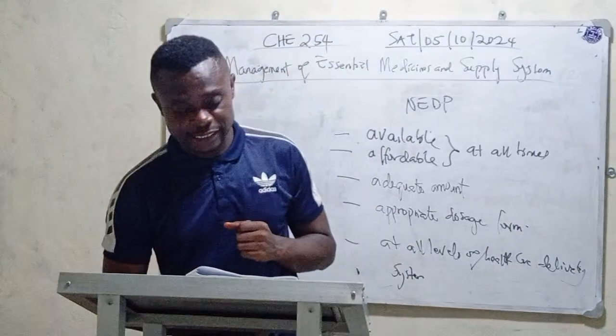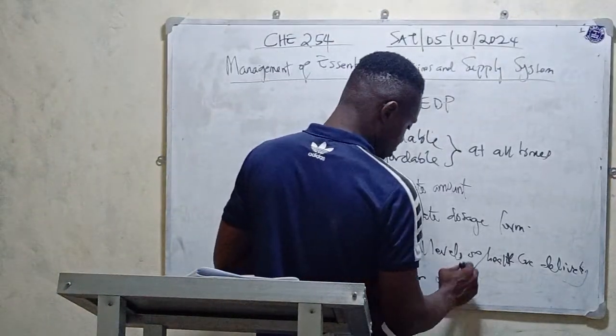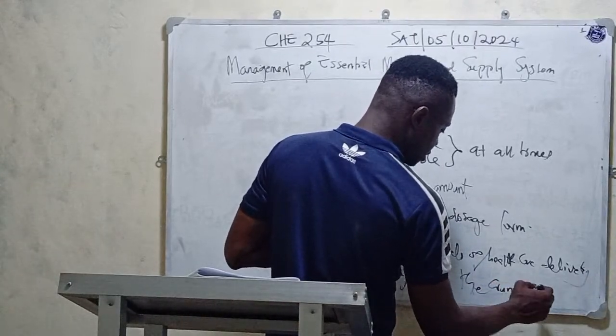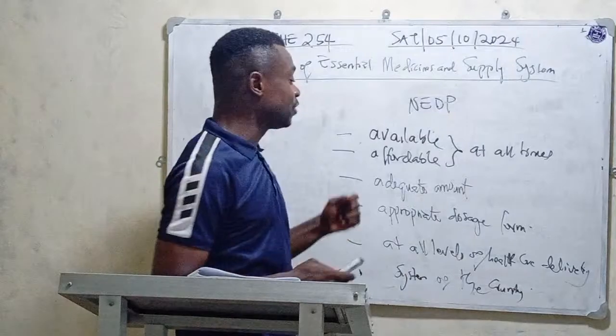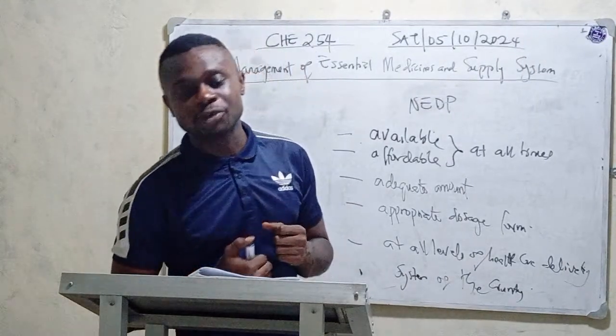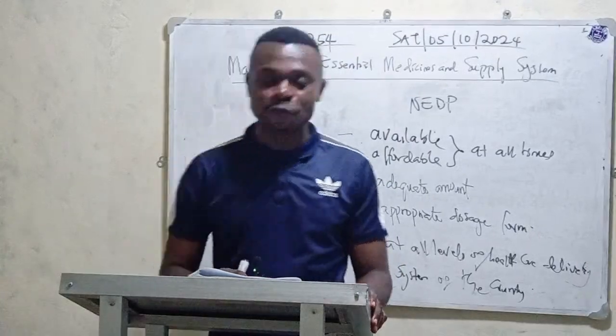This is the system of the country in question. This is actually the definition by WHO: essential medicines are those drugs that satisfy the needs of the majority of the population.